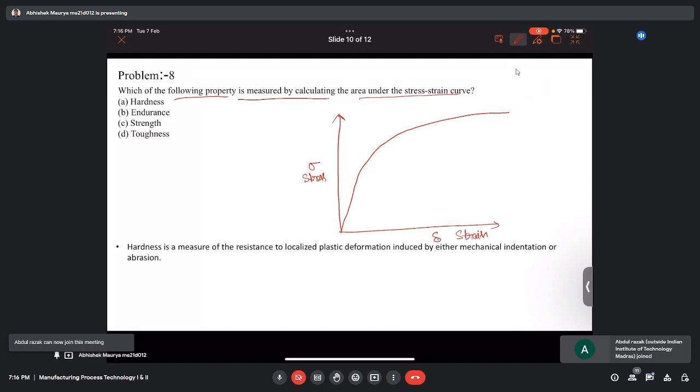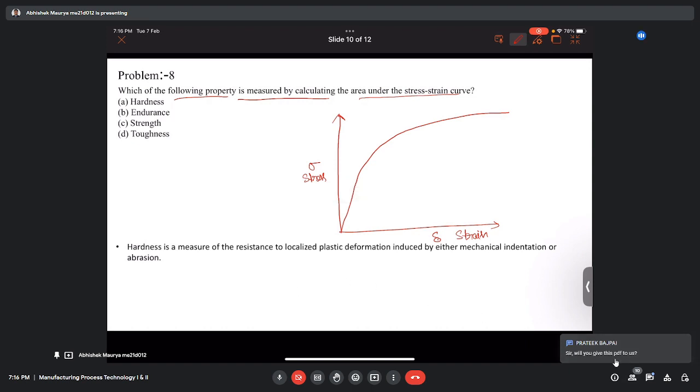Hardness is a measure of resistance to localized plastic deformation induced either by mechanical indentation or abrasion. Yes, Vikram, you are correct. So if you see hardness, it is a resist.